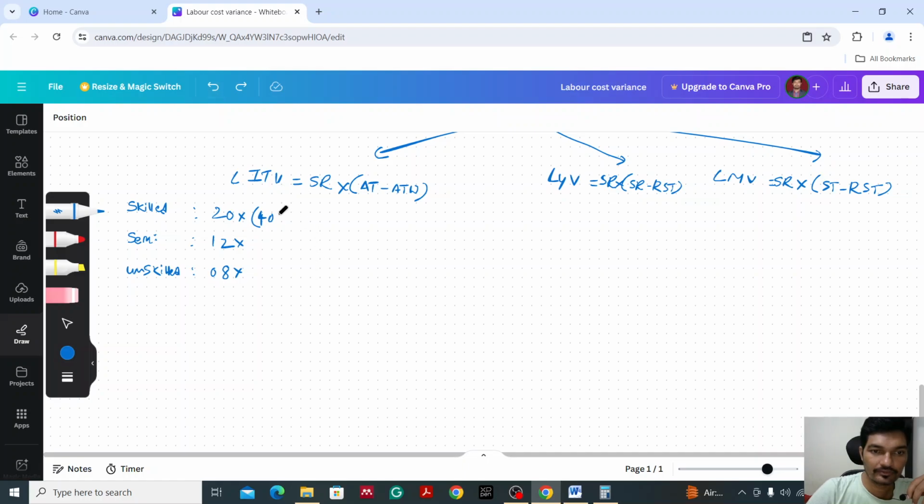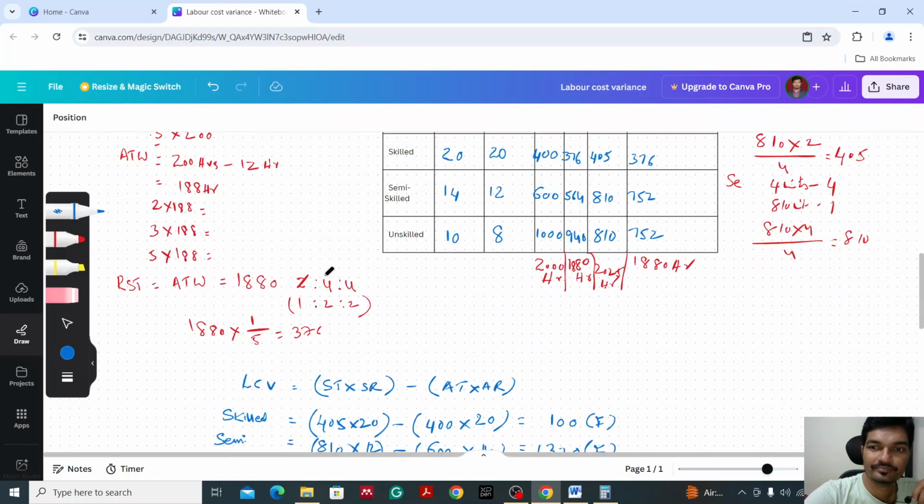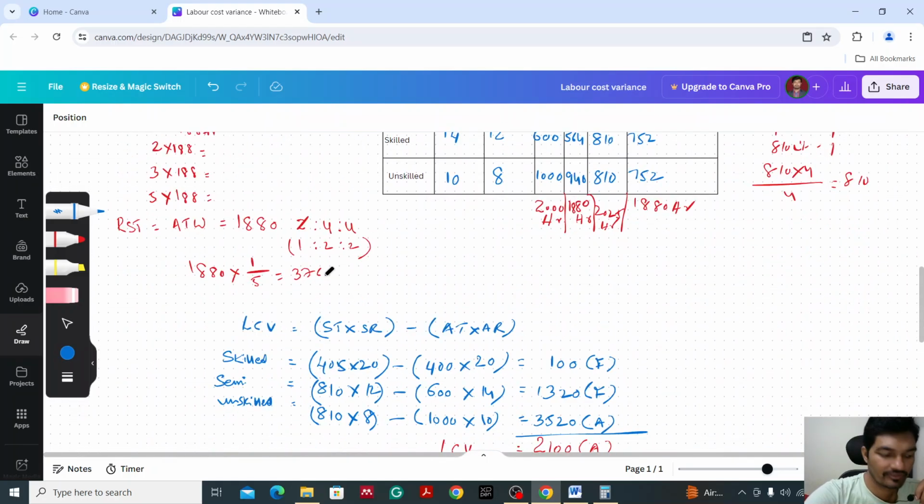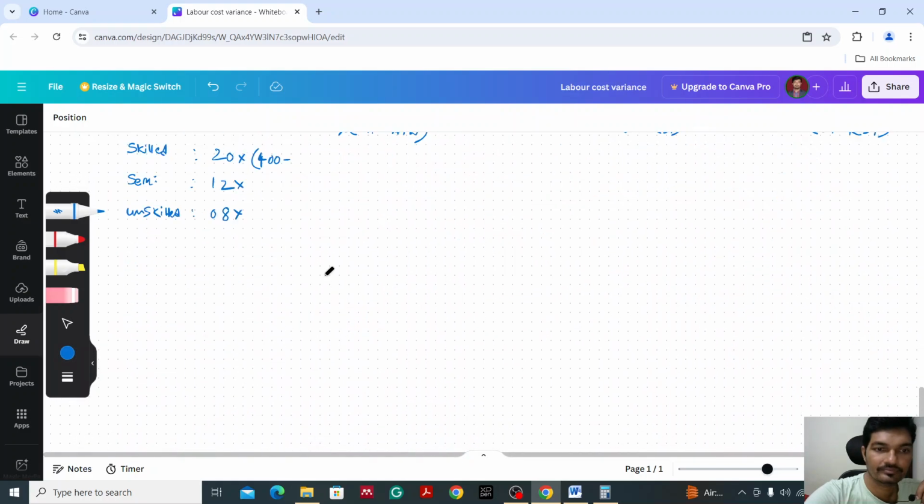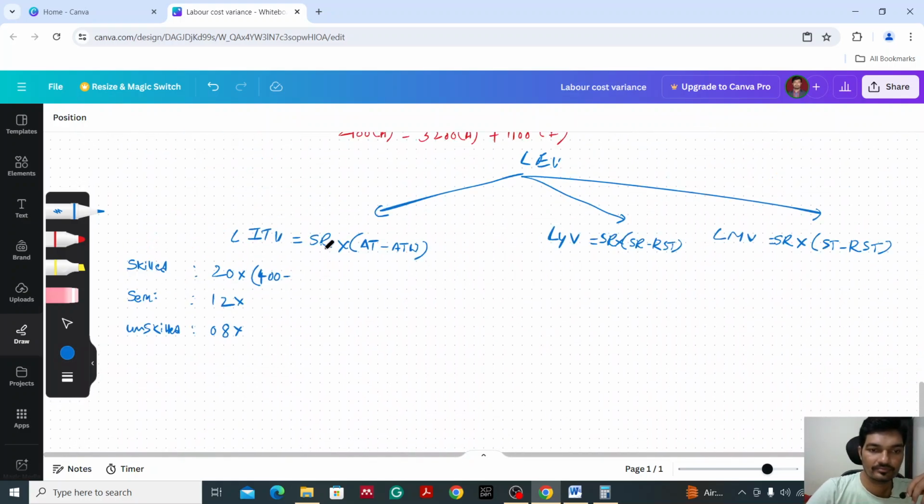This is 400. Actual time worked for skilled is 376. So 400 minus 376.